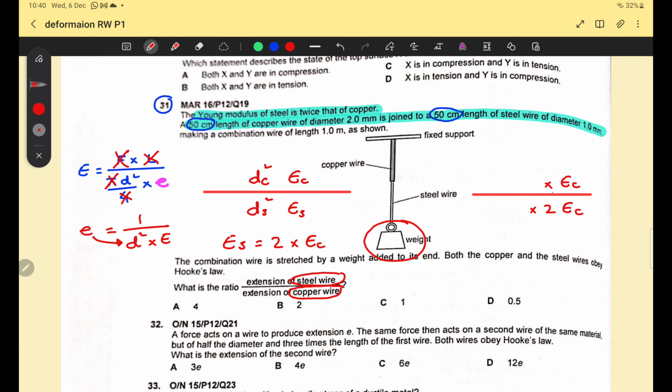So it is the relation for Young modulus. And now for diameter. Sir, copper diameter is 2 millimeter and steel diameter is 1 millimeter. So if you solve it, beta, what is the answer, Anju?